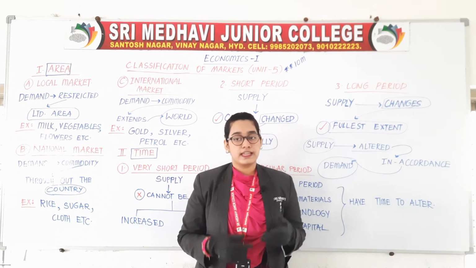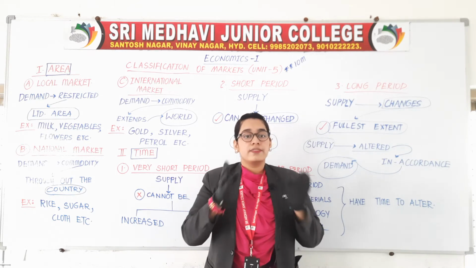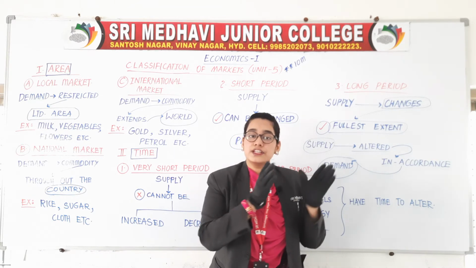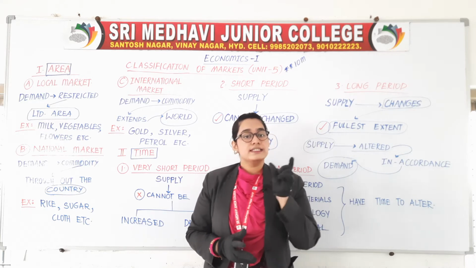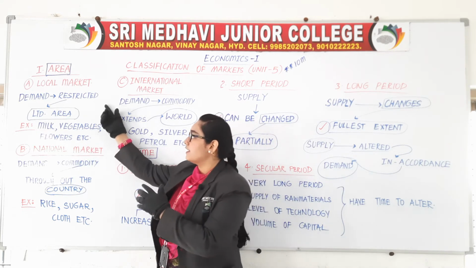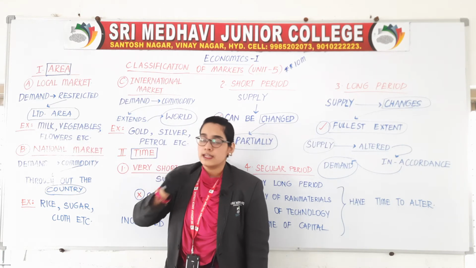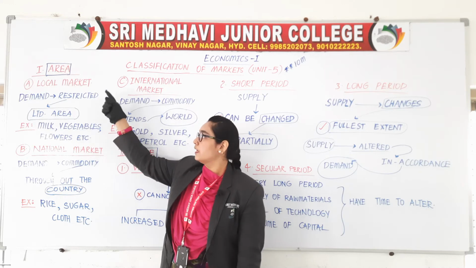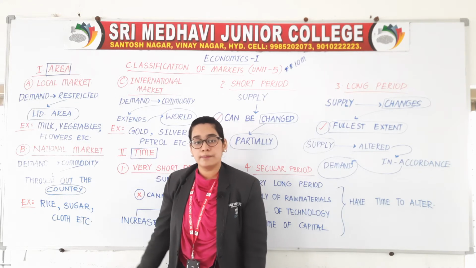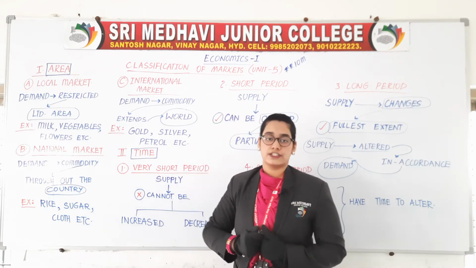You won't be finding them. Can you find vegetables everywhere? No, because they are restricted to a limited area. Such kind of markets where the demand is restricted to a limited area are known as local markets. For example, milk, vegetables, flowers, etc.